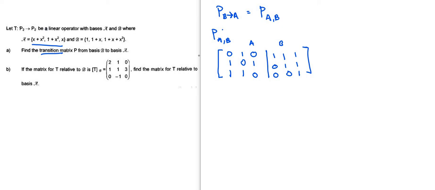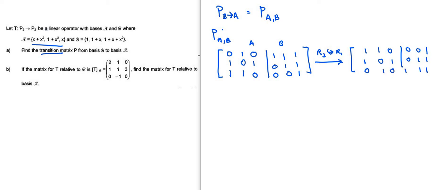As usual we need to reduce this matrix until we get identity on the left hand side. So the first one, we can interchange R3 with R1. So you reduce until you get identity on this side.